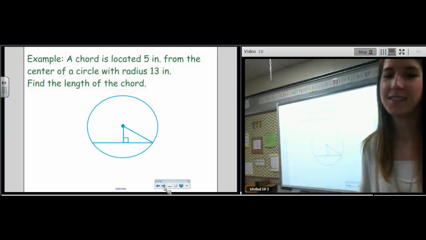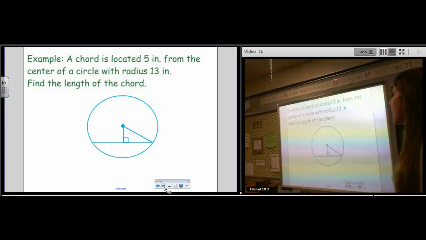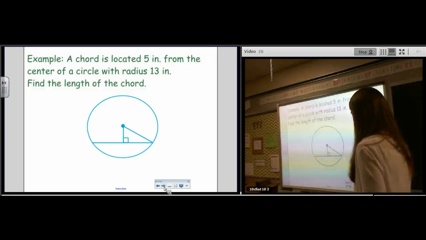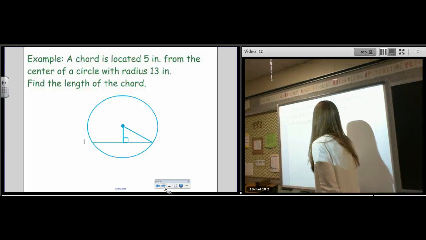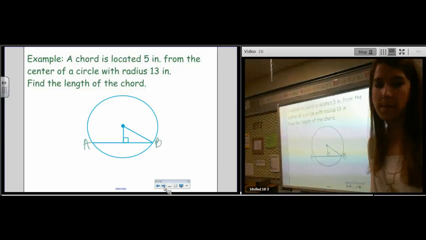That's why it's 40. A chord is located 5 inches from the center of a circle with a radius of 13. Find the length of the chord. So if I call this chord AB, I would want you to find the length of AB.